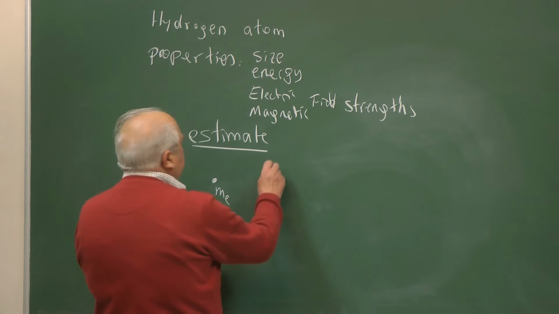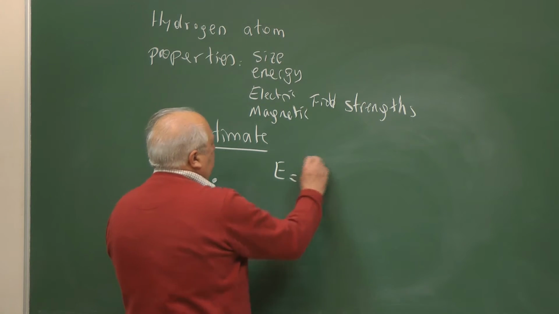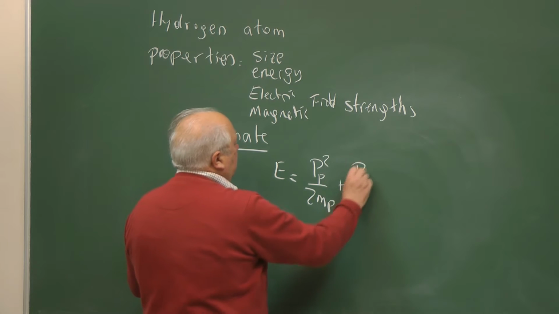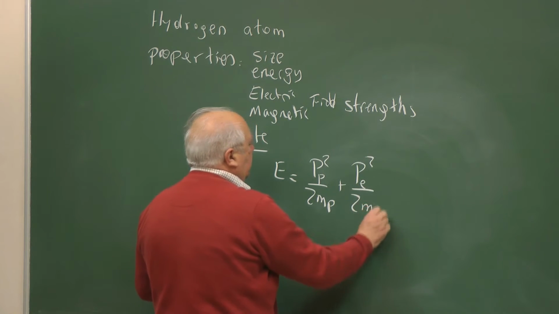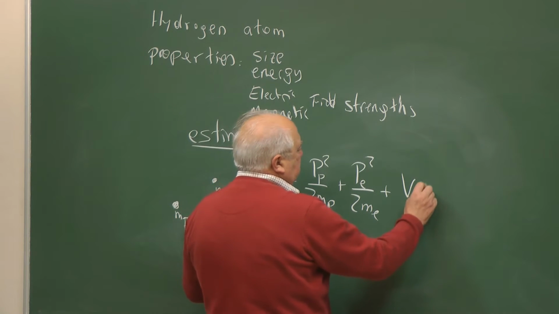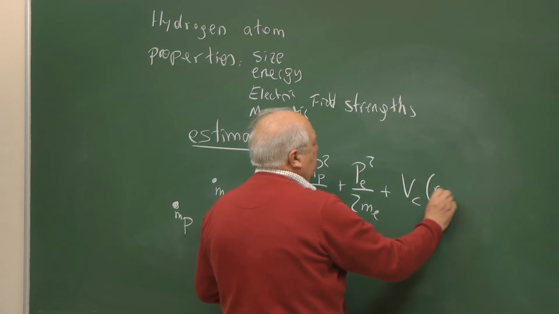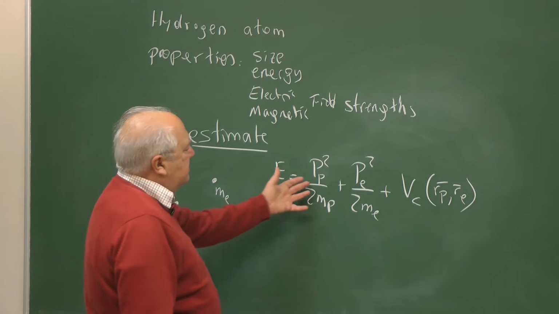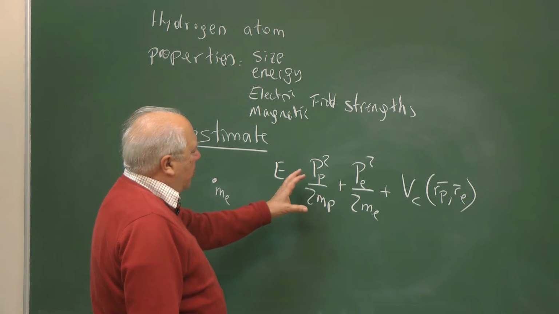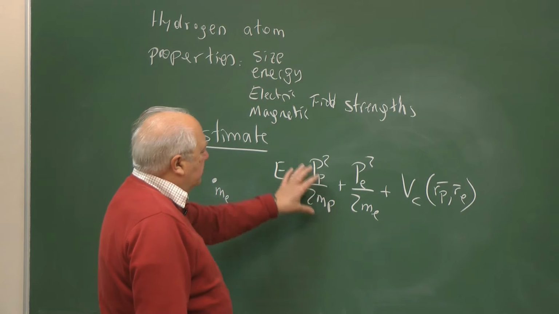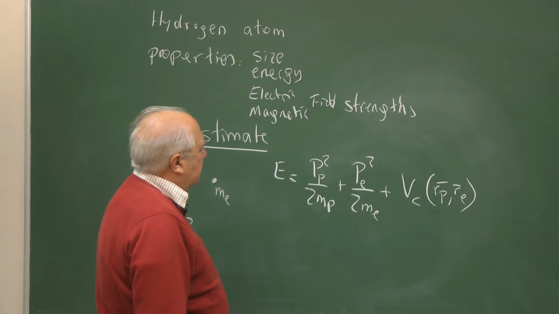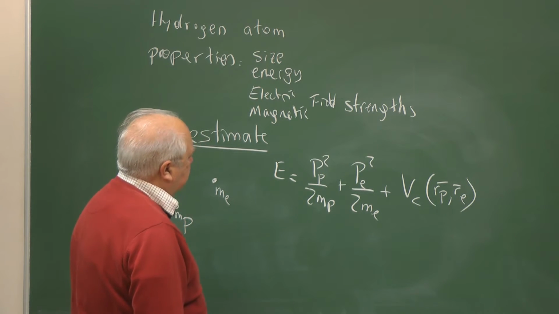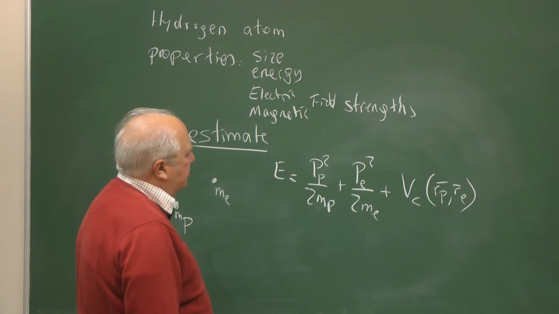So the energy of the system is the kinetic energy of the proton plus the kinetic energy of the electron plus the Coulomb interaction between the proton and electron. And this we can change to the total kinetic energy of the center of mass plus the relative kinetic energy, or the kinetic energy of the reduced mass.